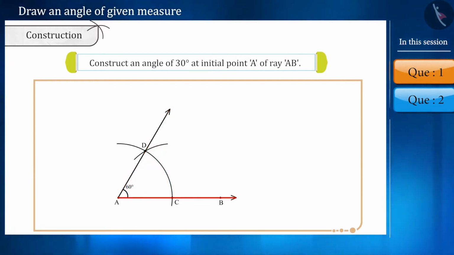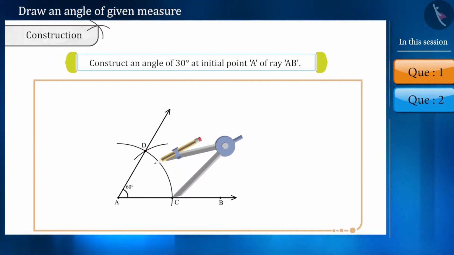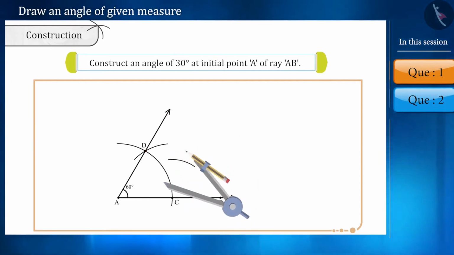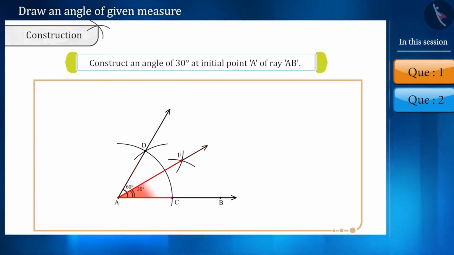From point C and point D, the intersection points of the arcs drawn on both arms, taking more than half the length of CD inside the angle, we will draw one arc from each point that will intersect at point E. Now vertex A and point E will be joined. This ray AE is the angle bisector of angle DAC and angle EAC is 30 degrees.